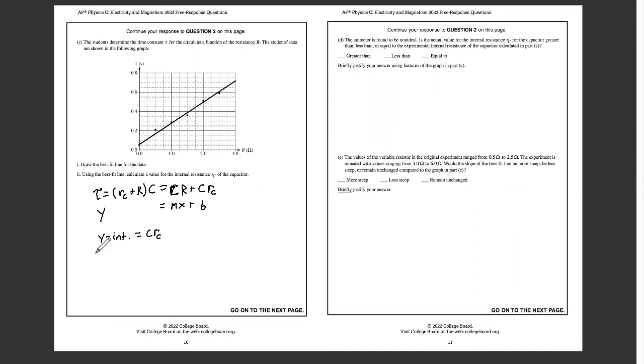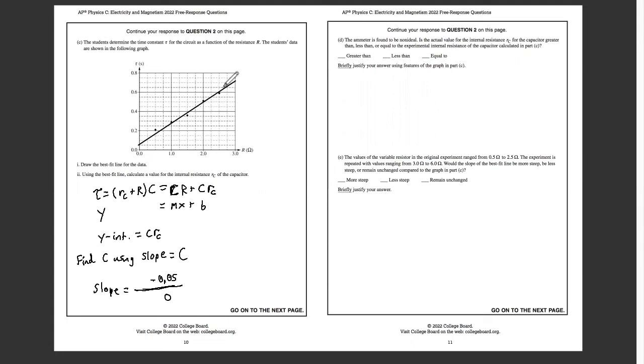Now, I'm not actually given the capacitance, so I can find the capacitance using the slope. The slope is going to be equal to C, exactly, based on my y is equal to mx plus b analogy. In terms of the points that I used for my slope, I used the points 0, 0.05, and I did this on a sheet of paper already, because it's far easier for me to do that by drawing an accurate best fit line using a ruler.